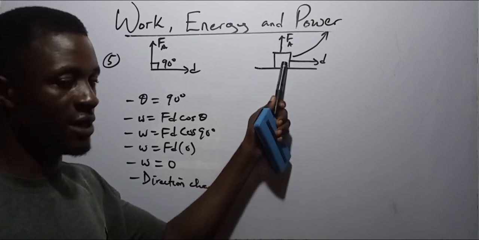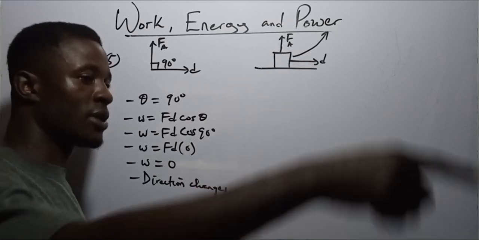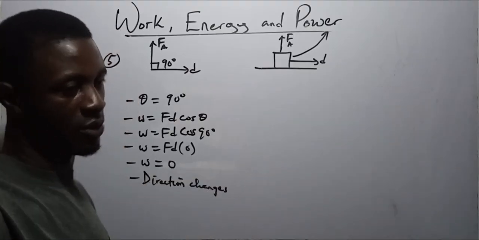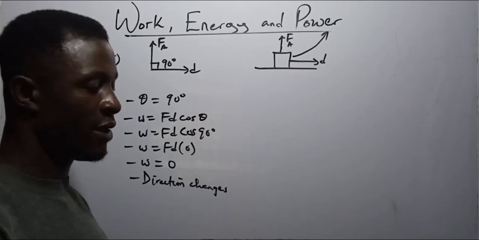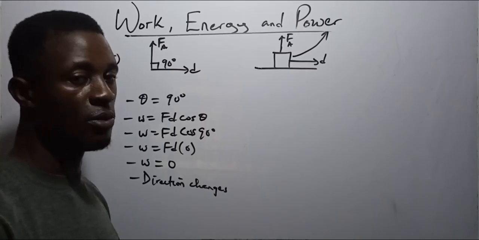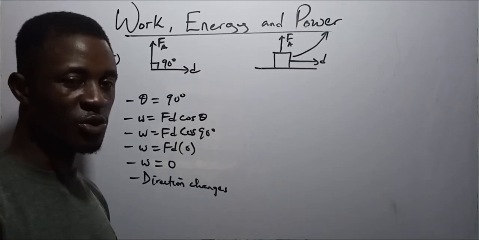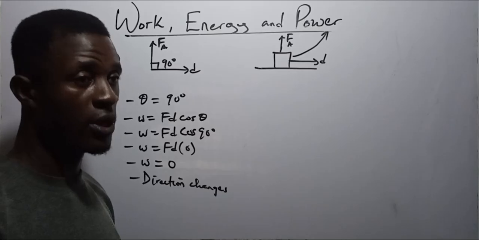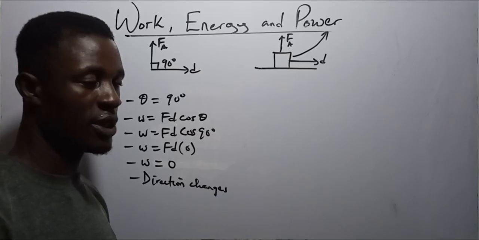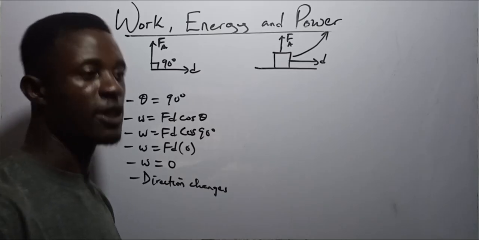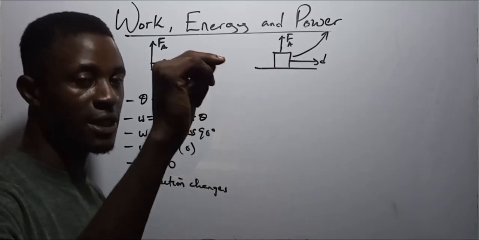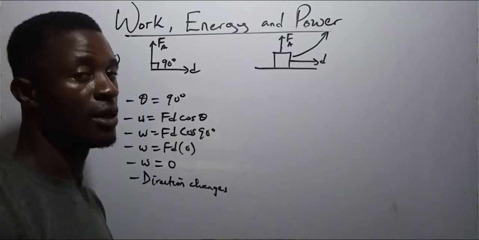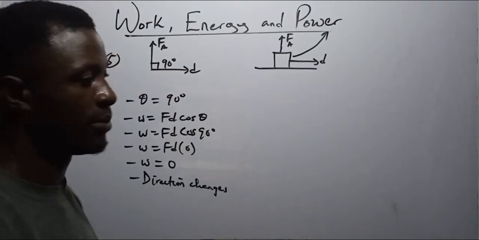So once this force is there, the ball keeps rotating around and around. So when a force is applied at 90 degrees to a moving object, it's not going to slow down the object, and it's not going to speed it up. The only thing it's going to do is help the object keep changing direction, and if that applied force is still there, it's going to start circling around that axis.